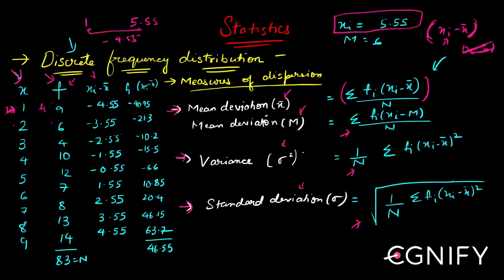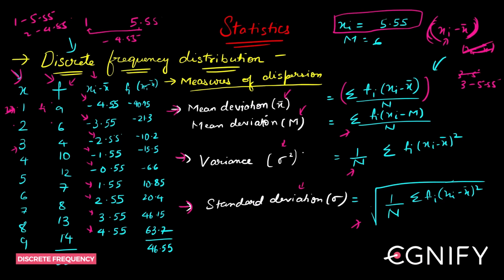That's why I made a table of xi minus x bar. So you have a minus 4.55 here, which is 1 minus 5.55. Likewise, for example, 3 minus 5.55 is minus 2.55, and I put that here. Likewise, I put all the values here for xi minus x bar.